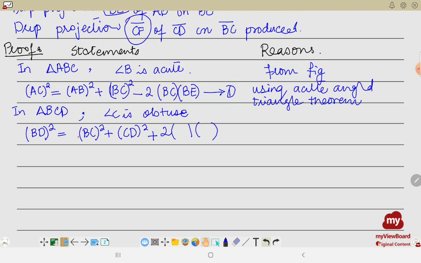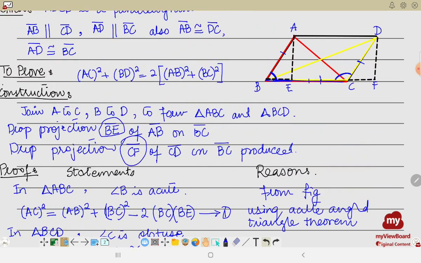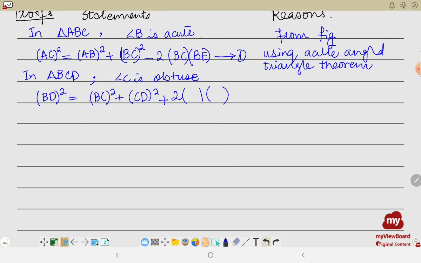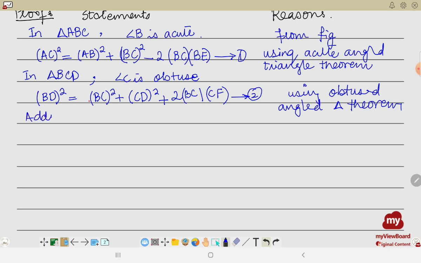So what side are we going to take now? The side BC, this side BC, and the projection of it. Okay, so BC into CF we are going to write. So BC and CF. This is going to be equation number 2, and using which theorem? Using obtuse angled triangle theorem, right?